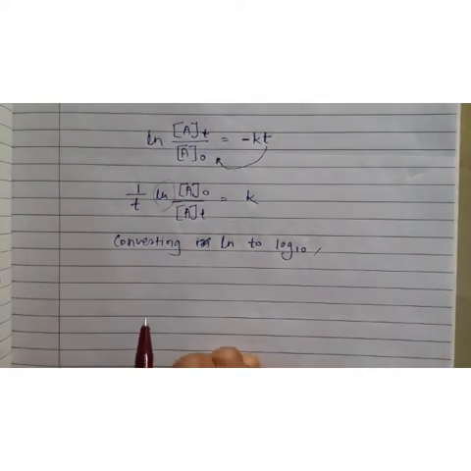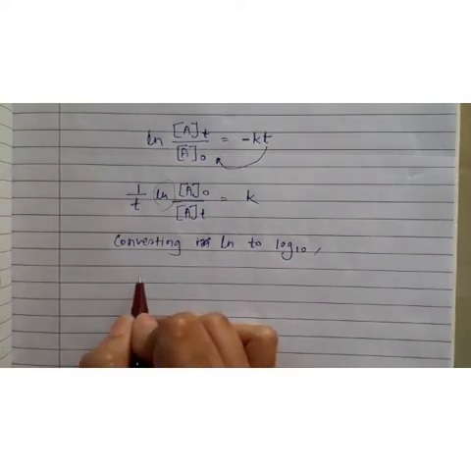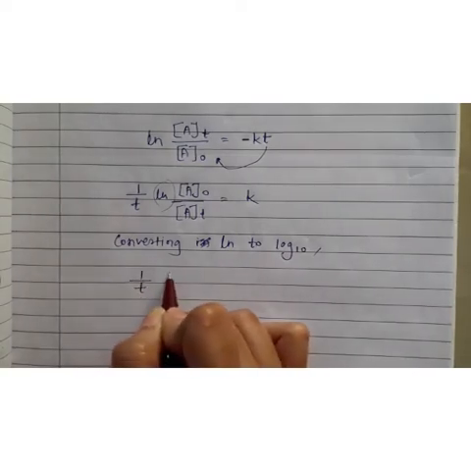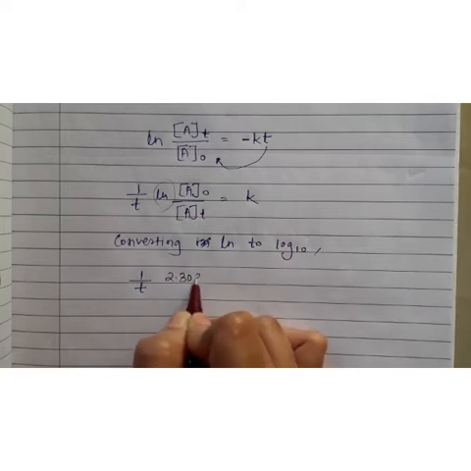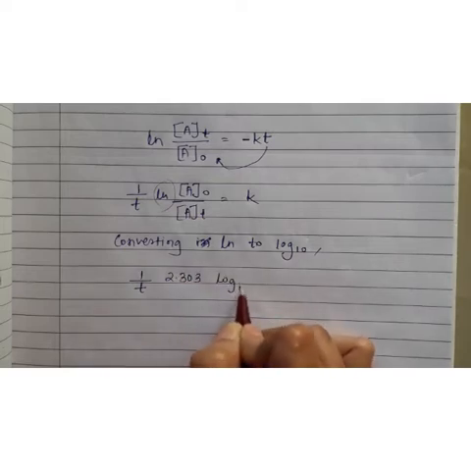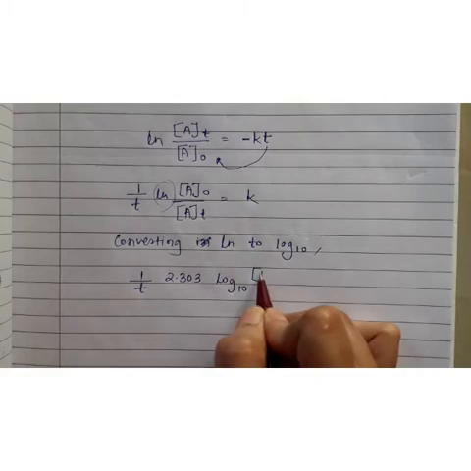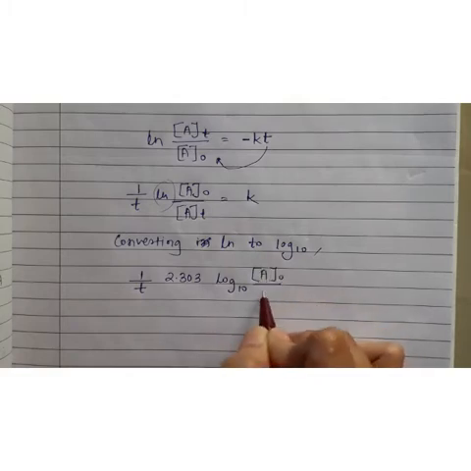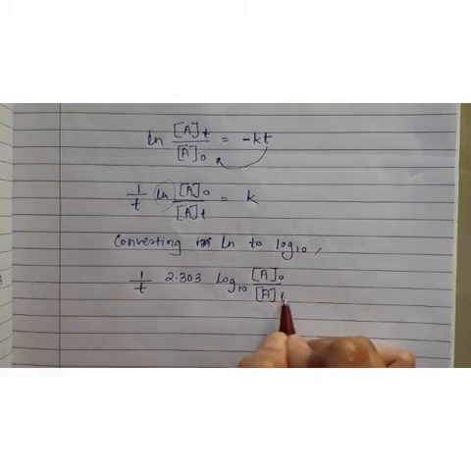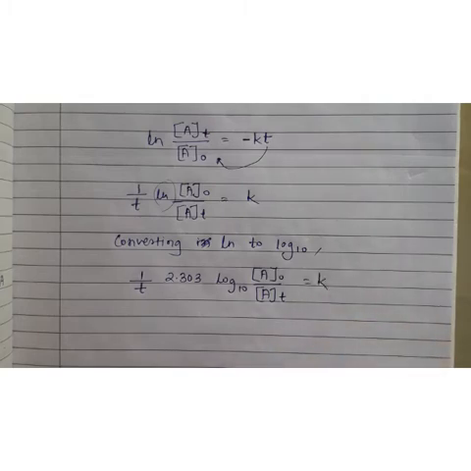Okay, natural log. So this equation will become 1 upon T, 2.303 log to the base 10 concentration of A, that is A0 upon AT, is equal to K. Now let us rearrange this.